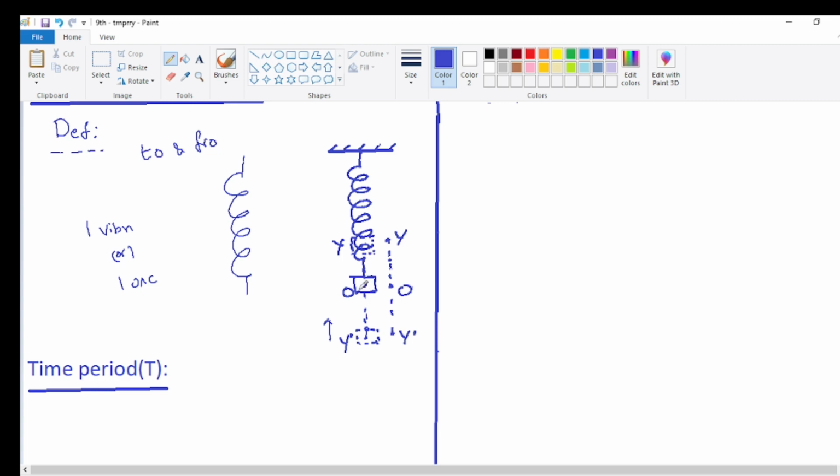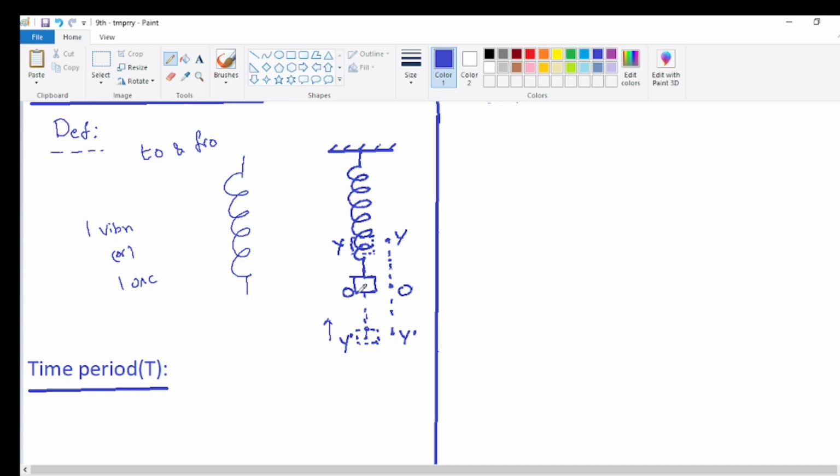So still it has not yet traveled the lower half of the path. The complete path is y o y dash. The upper half of the path it has completed above the mean position. Now below the mean position it starts moving. So now it moves from the mean position to the bottom extreme position y dash and then comes back to the mean position again, but in the same direction.